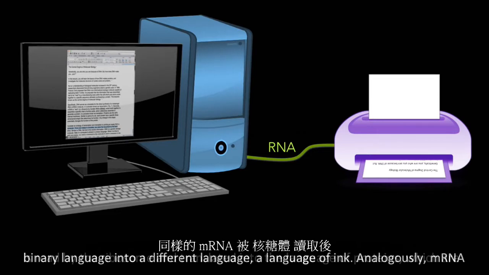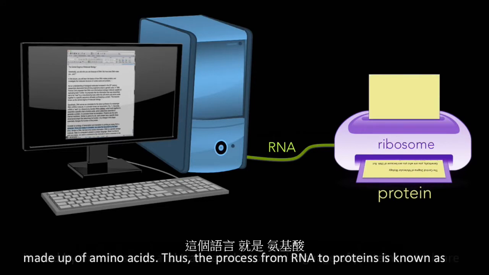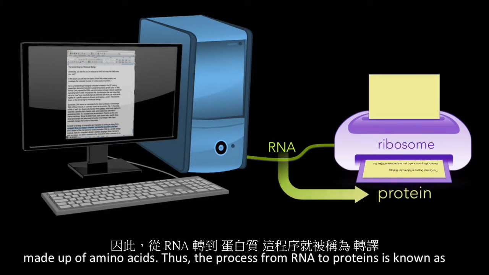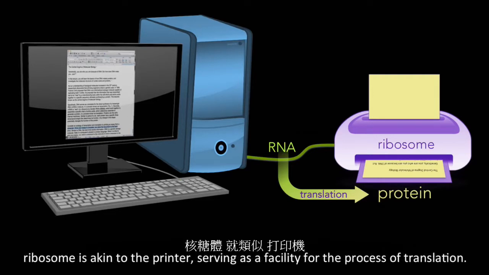Analogously, mRNA is read by the ribosome and translated into the language of proteins, which are made up of amino acids. Thus, the process from RNA to proteins is known as translation, translating from the language of nucleotides to amino acids. The ribosome is akin to the printer, serving as a facility for the process of translation.